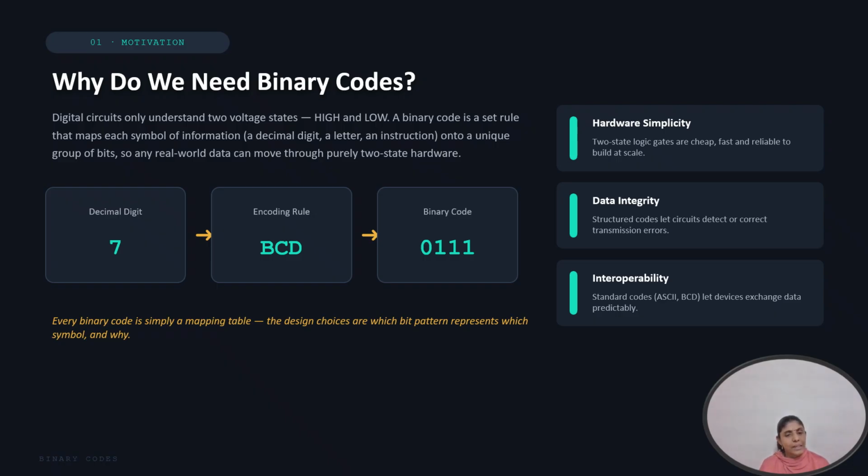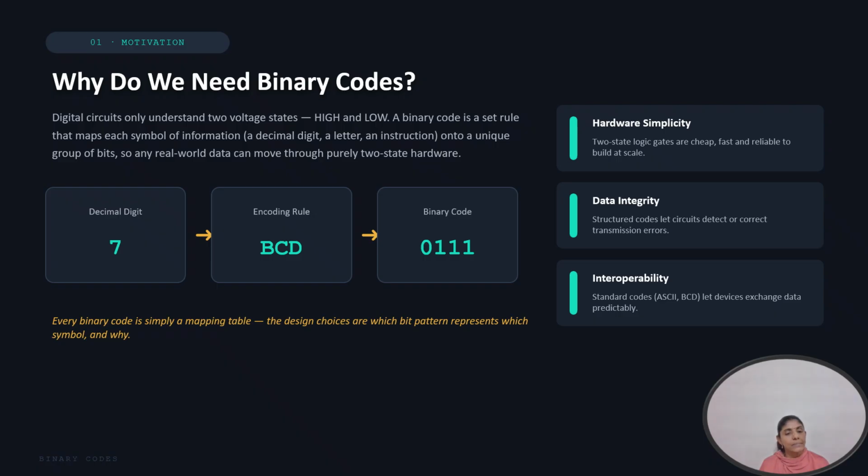This decimal digit may be a letter or it may be an instruction also. And what is the 8421 code for 7? It is 0111. So that is what I represented there. So binary code is a set of rules that maps each digit of information, or it may be a letter or instruction, onto a unique group of bits.